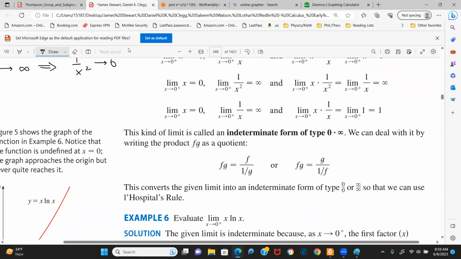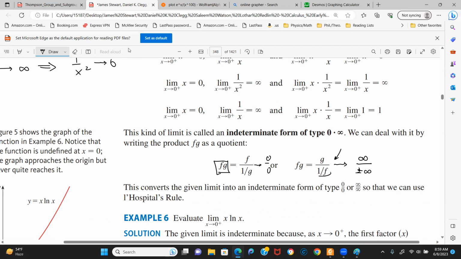So the idea is to rewrite your product like this or like this. It doesn't matter. If you write the product like this, it will give you 0 over 0, and this one will give you infinity over, it could be either plus or minus infinity, which is fine because you can just factor out the negative or whatever you need to do to get infinity over infinity.